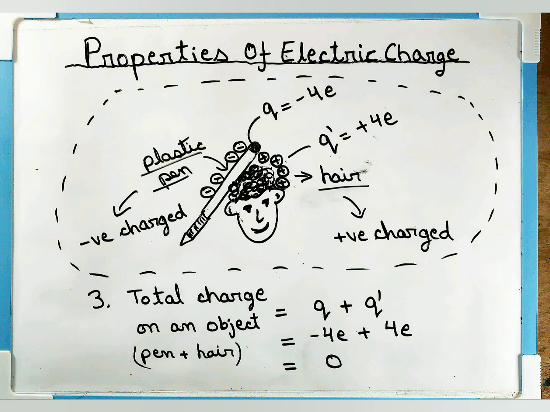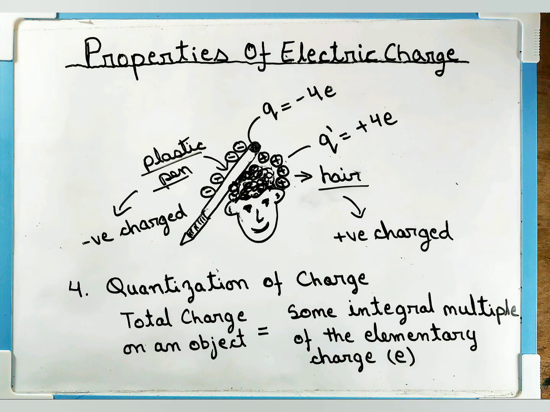Now we come to quantization of charge. Again, we shall take the same example of the same activity. So according to quantization of charge, the charge of an object is equal to some integral multiple of the elementary charge e.